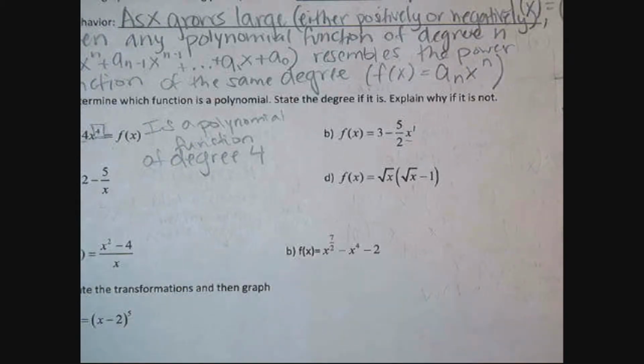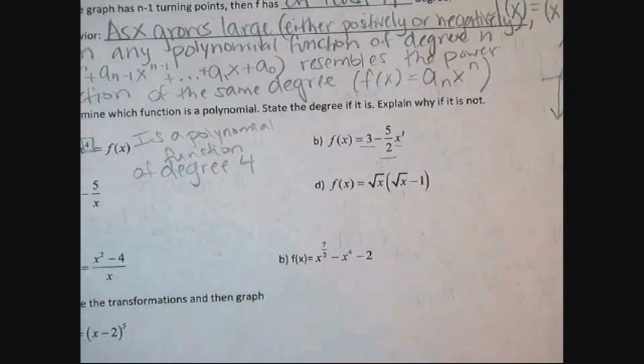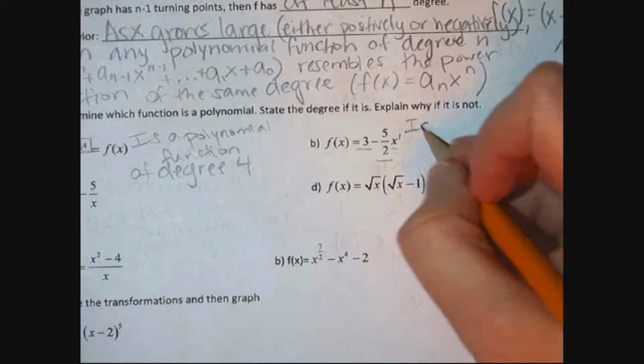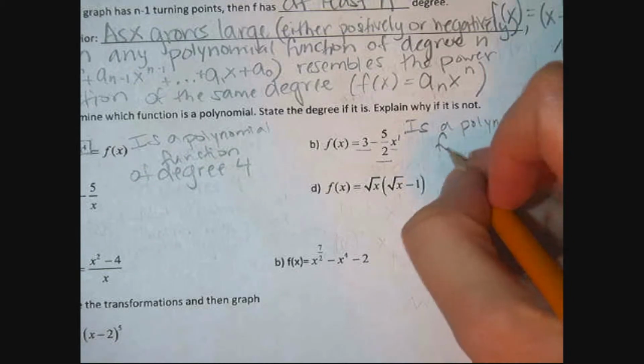Then we move into our third criteria, whether our coefficient is a real number. Our coefficients here are -5/2 and 3. Both are real numbers. Though -5/2 is a fraction and it is negative, it is still a real number, it is not imaginary. So our third criteria is also fit, and this also is a polynomial function.